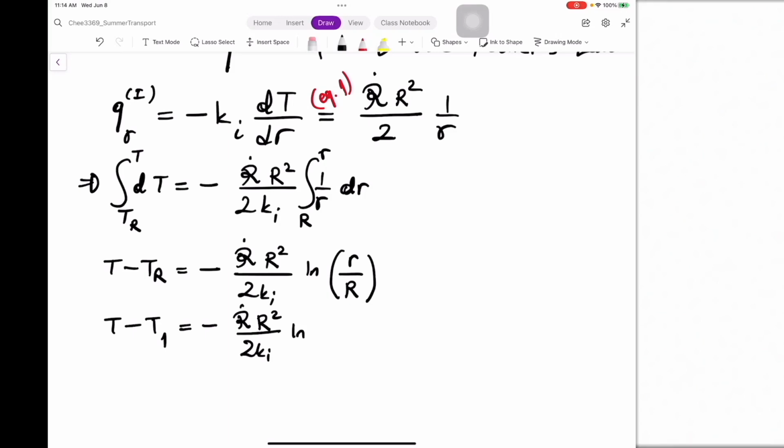This time it's going to be logarithm of r over r1. Okay, good. So you can use either. Depending on whether you know the R1 or T1 or TR, you can write down either of them. So this is basically the surface. The T1 is the surface temperature, right?